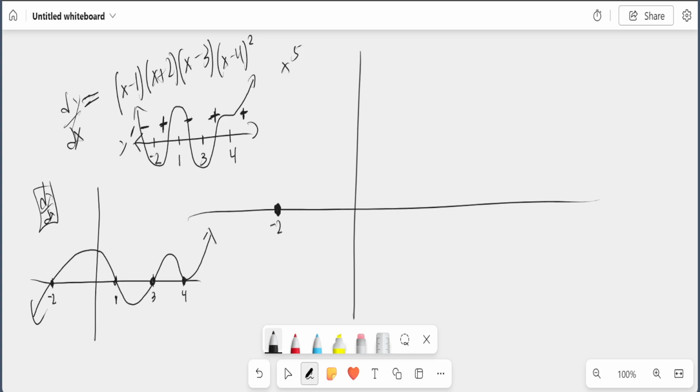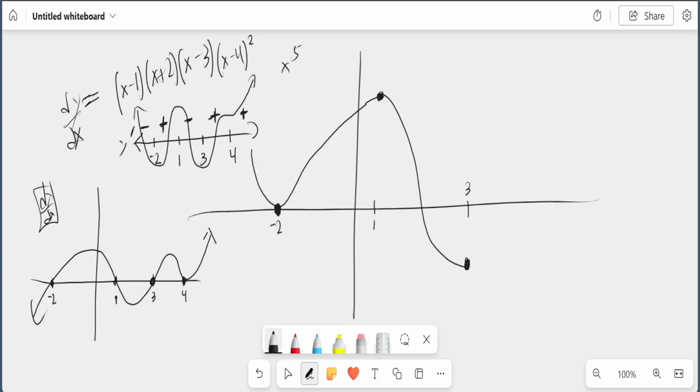And then I can do it in the bigger graph and say, okay, let's say it's like that, and then it keeps going up, and then at 1, our derivative is 0, so it's a horizontal line. dy/dx is a horizontal line, so it goes down, keeps going down, then it hits 3, right?